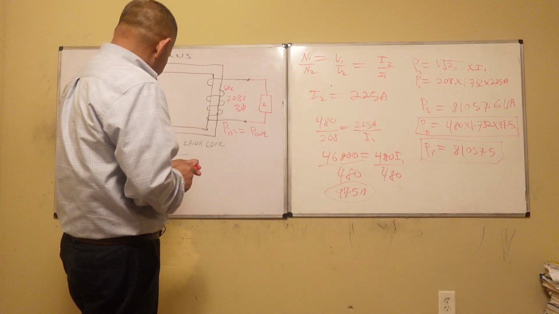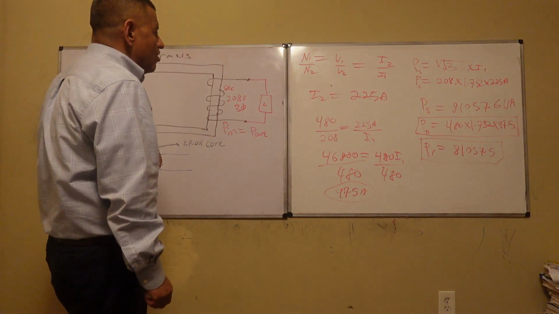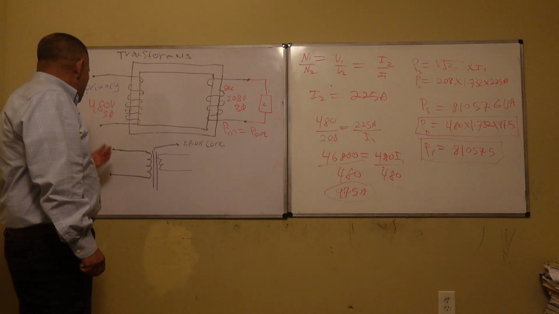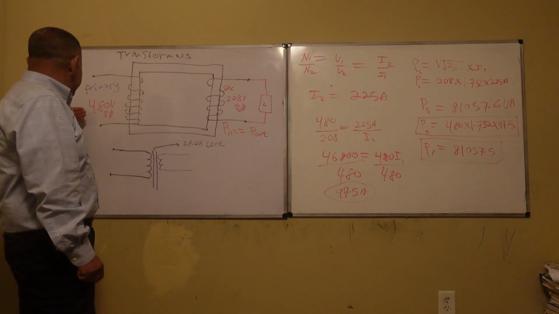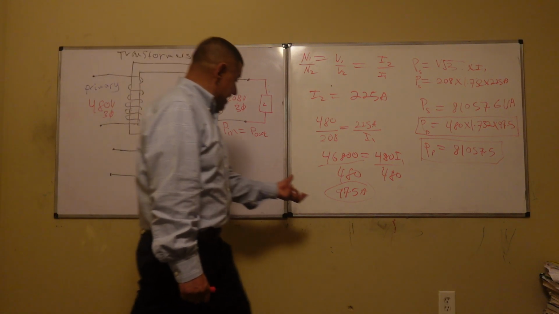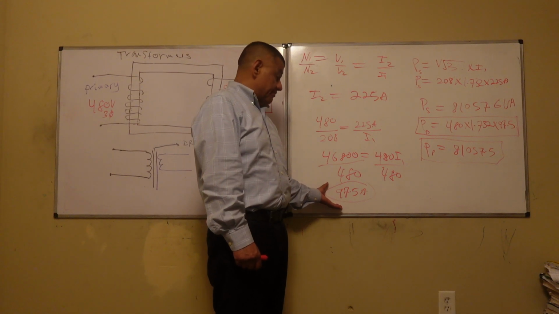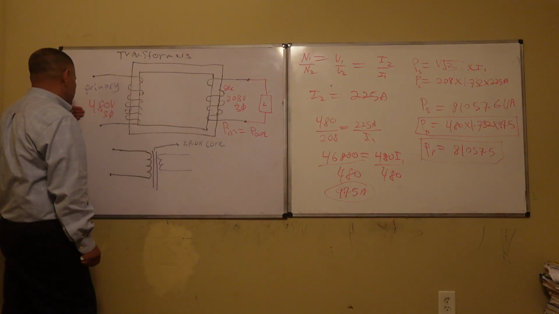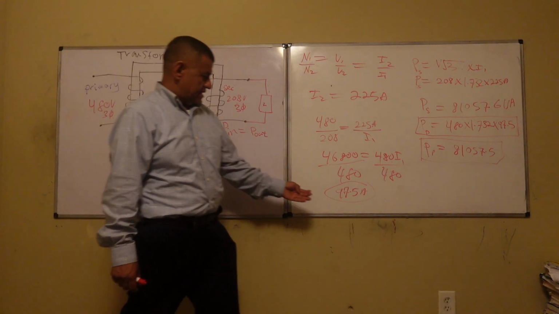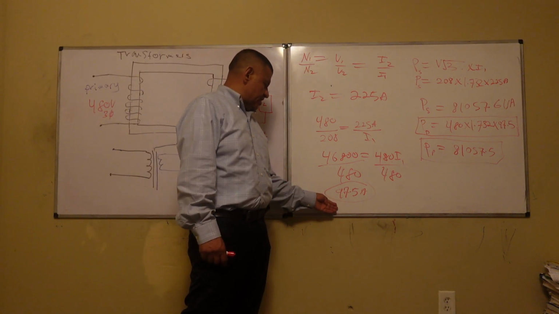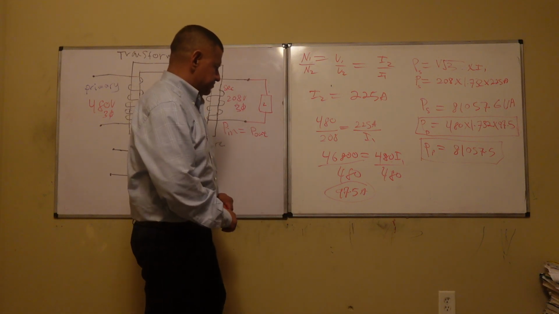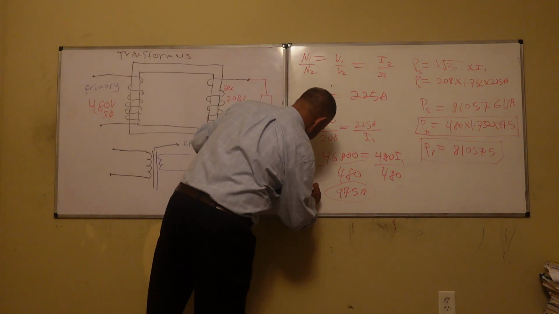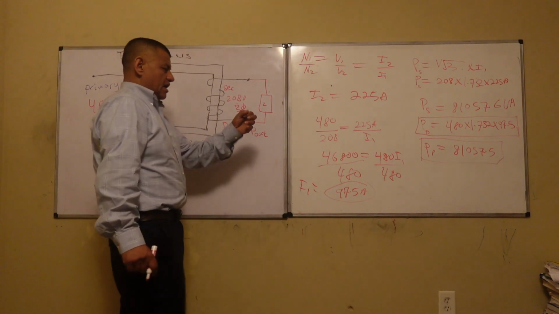Now, okay, so now you know that you need a transformer that is 100 amps, and you can round this up to 100 amps and buy a transformer that has a primary of 480 and a primary current of 100 amps.